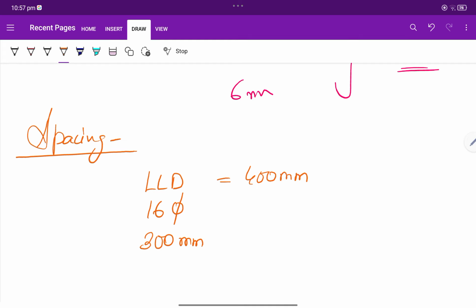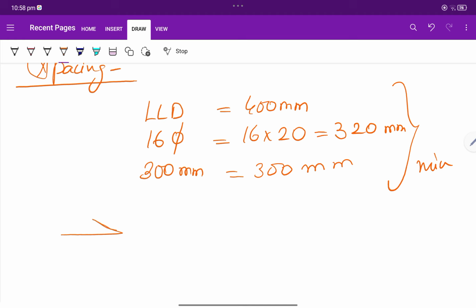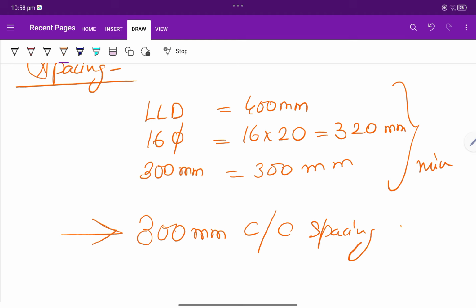Then 16 into 20 is 320 mm, and the third is 300 mm only. The spacing will be the minimum of these three, so we can provide 300 mm center to center spacing of lateral ties.